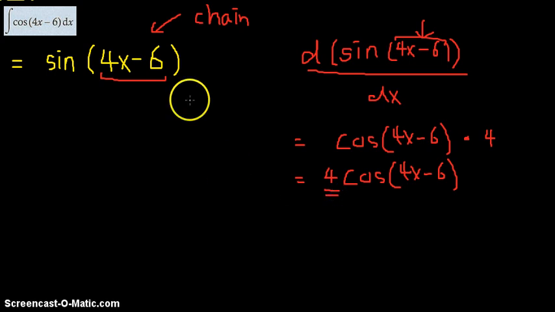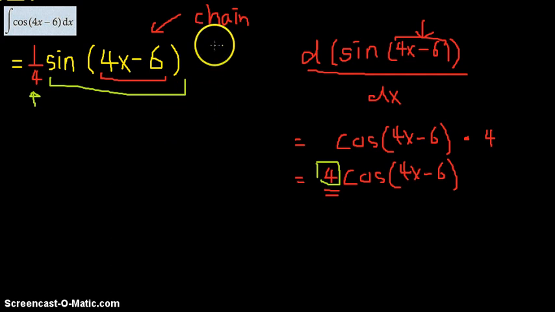For me to deal with that, I just put a 1 over 4 in the front. This 1 over 4 will take care of the extra 4 when I differentiate the sine of 4x minus 6. And don't forget the plus c at the back.